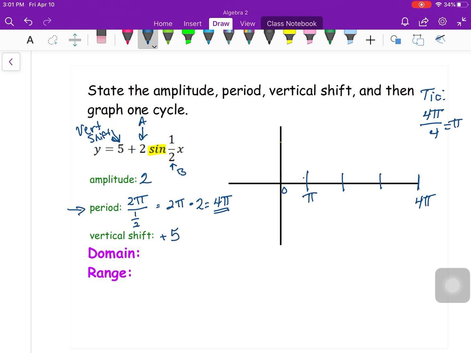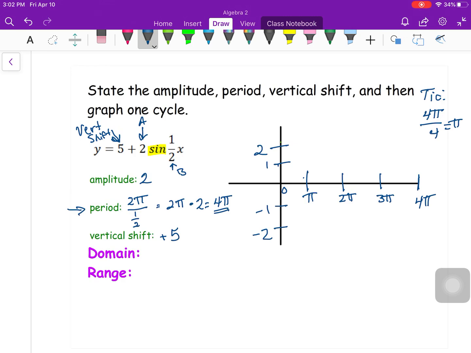Each tick mark then is worth pi. So this is 1 pi, 2 pi, 3 pi, 4 pi. My amplitude is 2, so 1, 2, and -1, -2. There I have my x and my y axis labeled.